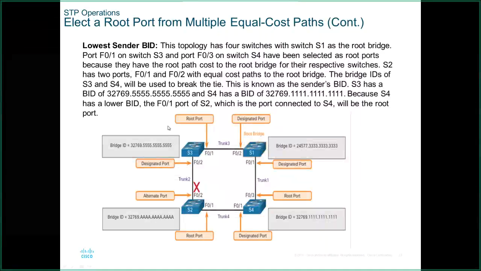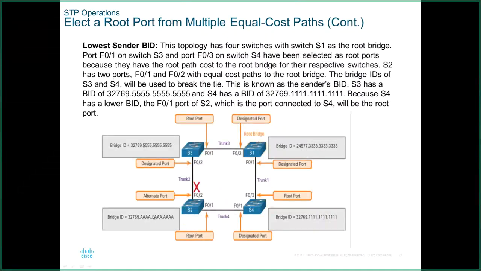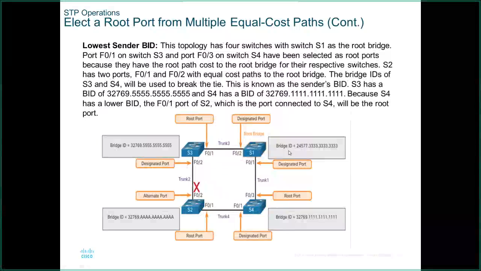Okay, so we look around, look at the bridge IDs, and we've got a clear winner at the 24,000. So this is our root bridge. PDUs go out, determine, okay, this is my root bridge because it's the shortest cost to the bridge. This is my root port because it's the closest to the bridge.